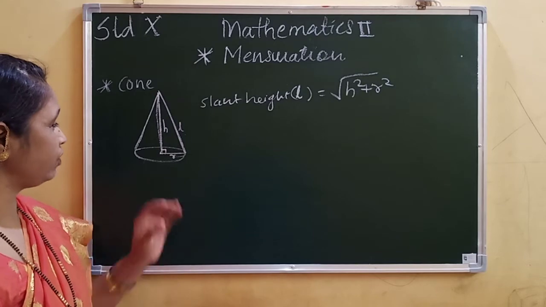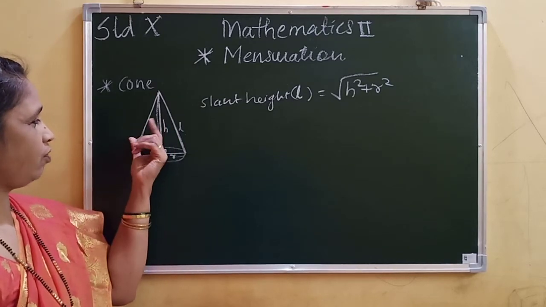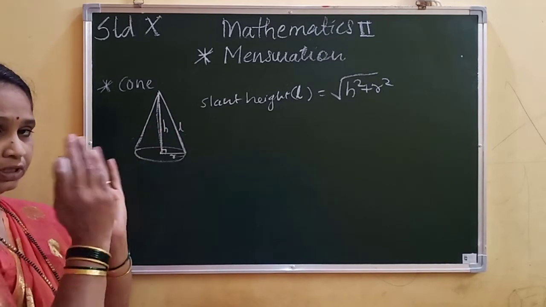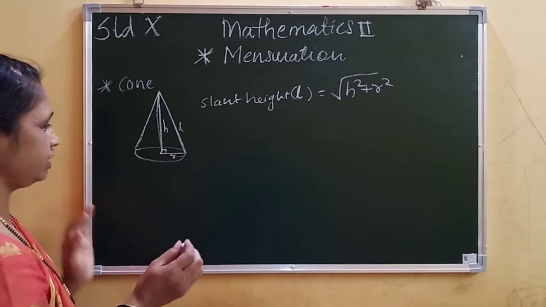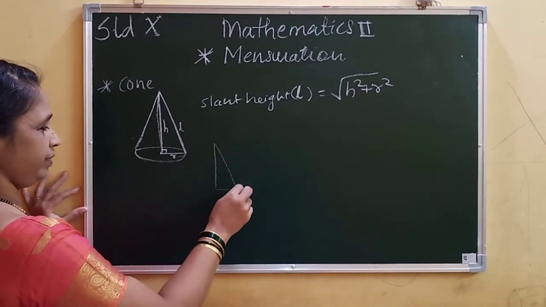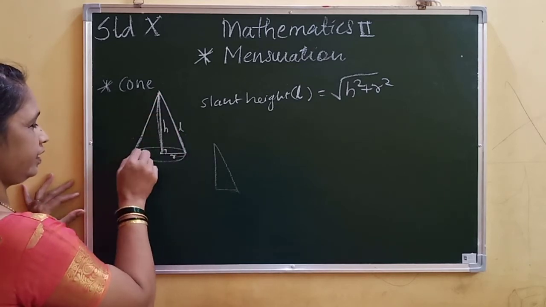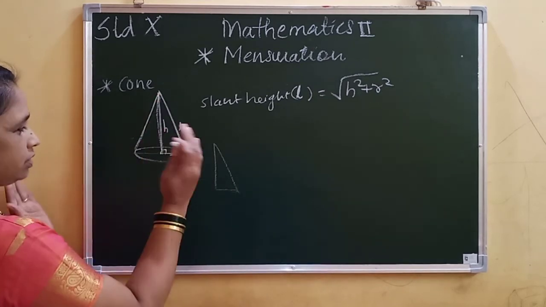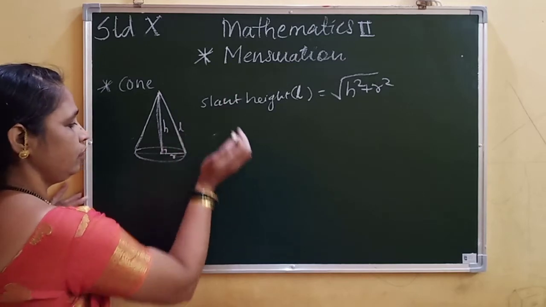Now you have to find out its curved surface area. Okay, curved surface, it is in curved shape. See, this shape it is, this and again this. So this curved surface area has been formed.